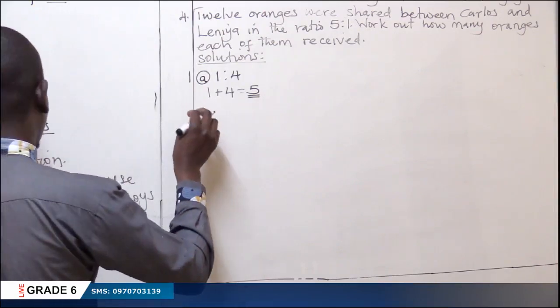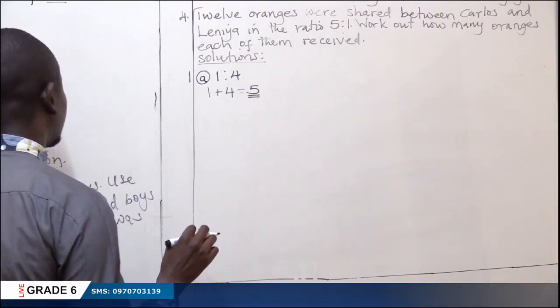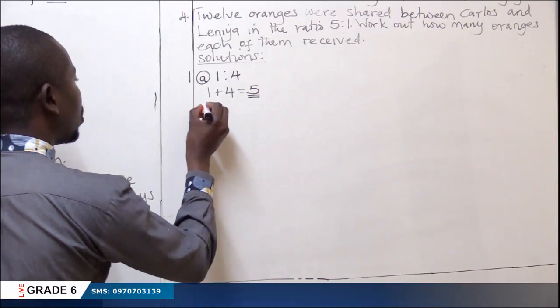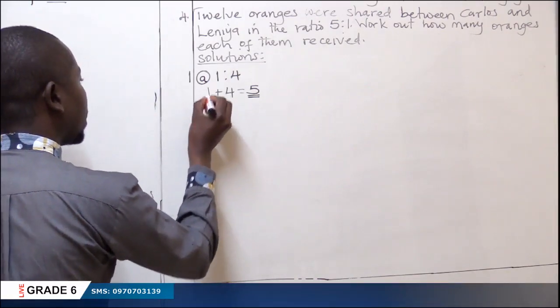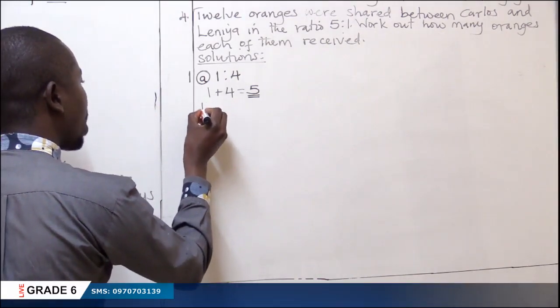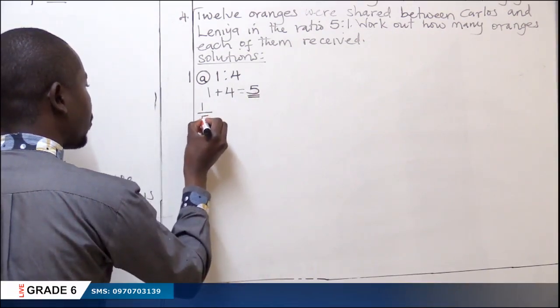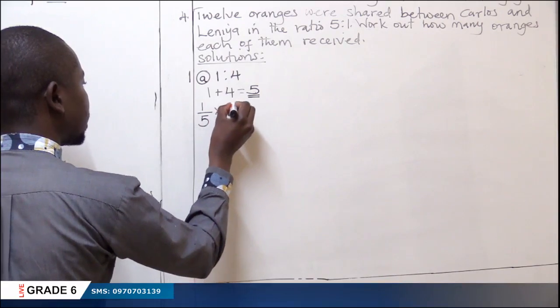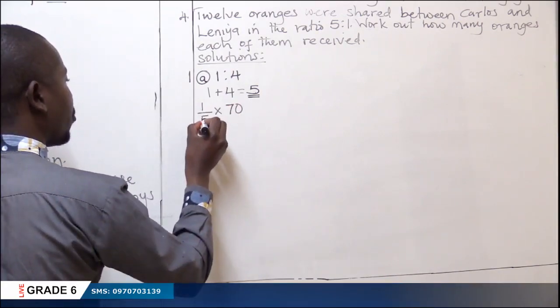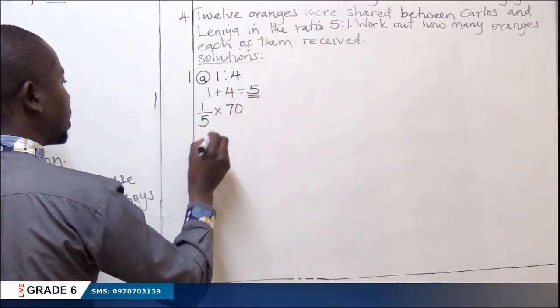So the first proportion will be 1 over 5 times 70.